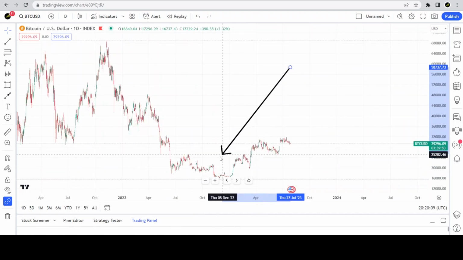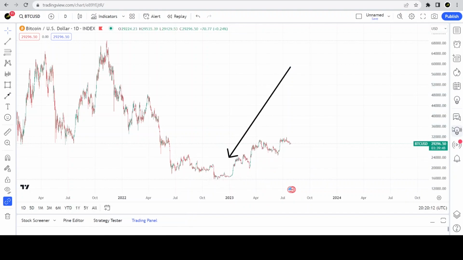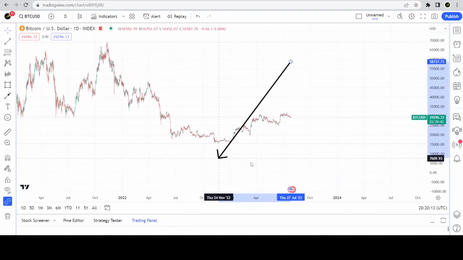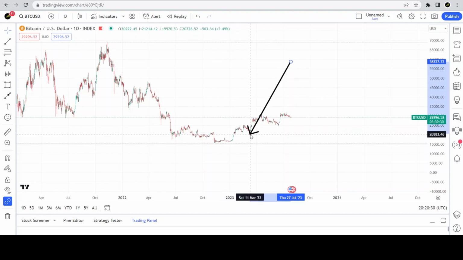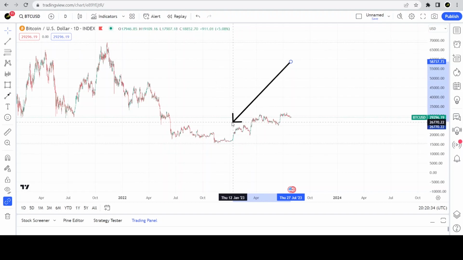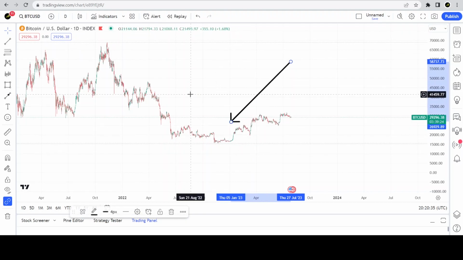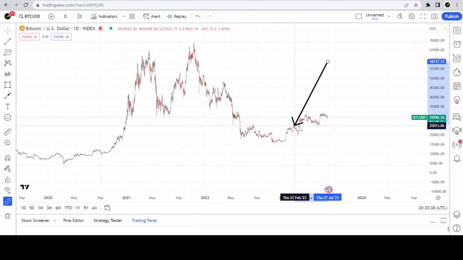It was a much shorter amount of time that this developed in right here. So we have some similarities. Now, this bounce, if it went down further, it would be easier to recognize. The point in all this is that this move up actually began right here, not here.